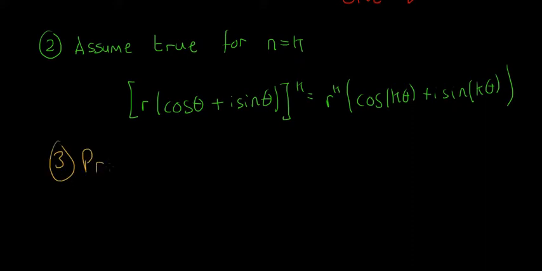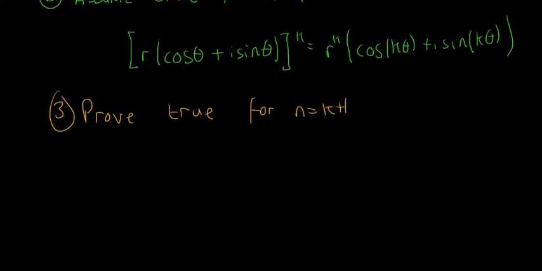3, now we have to prove that it's true for, so prove true for n is equal to k plus 1. Alright, so what are we going to do? We're going to write the same thing out again first.